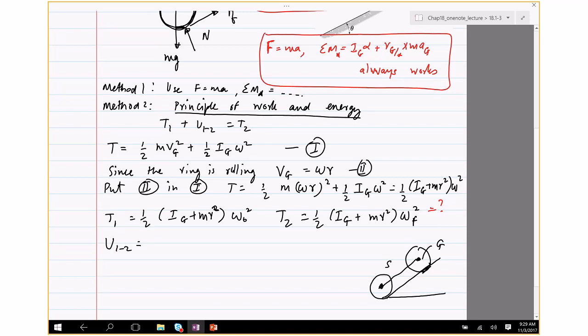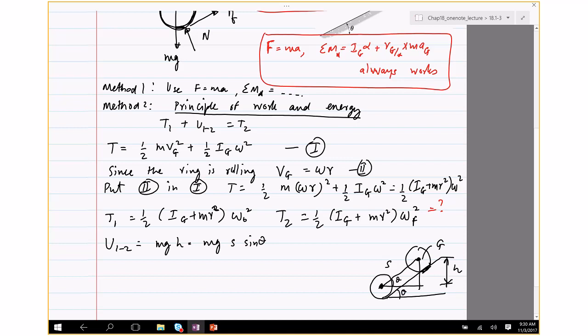So the question is, what's the drop in height? mg acts downwards and the displacement is downwards, so the work done is positive. W times s sine theta, right? H is s sine theta. So we are all set.